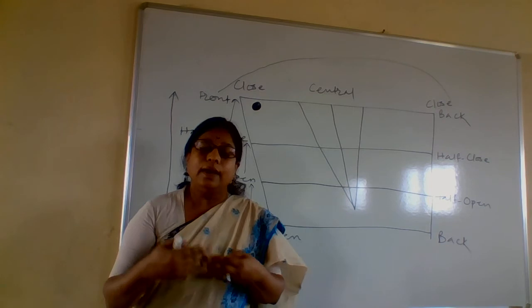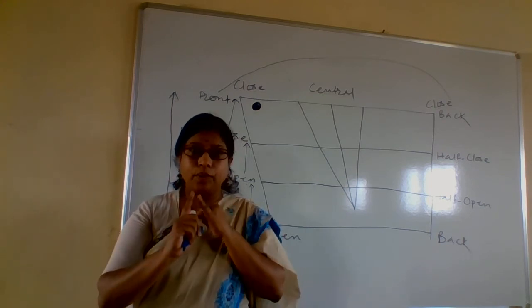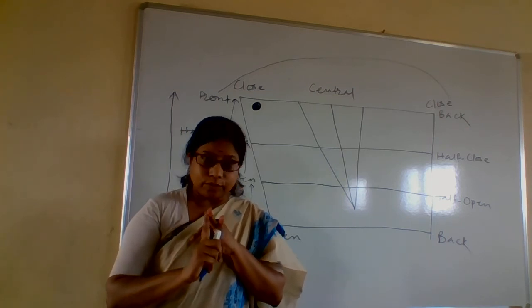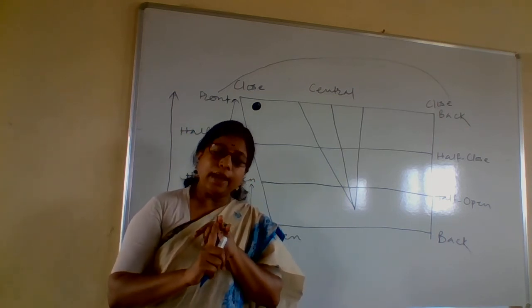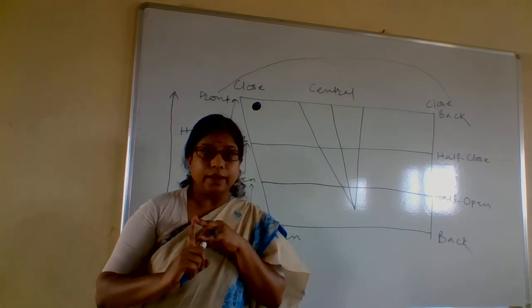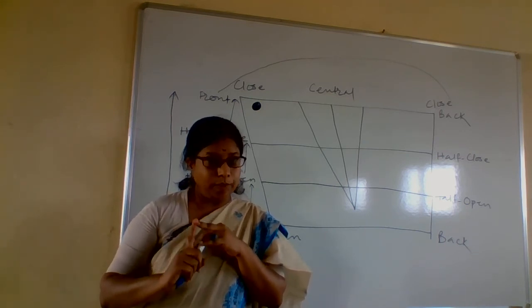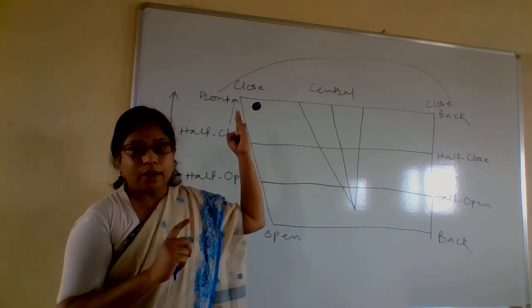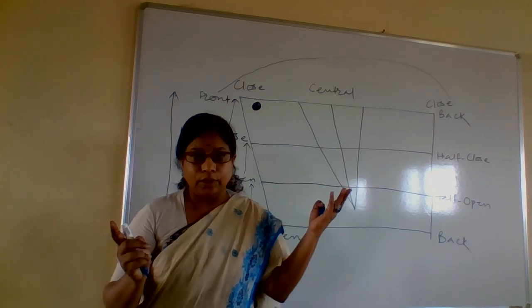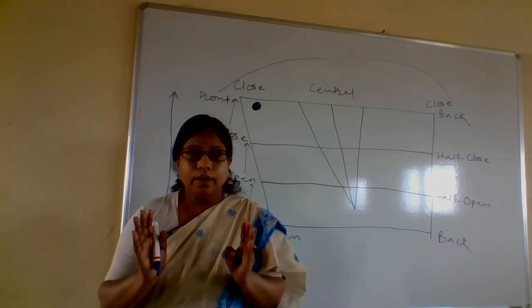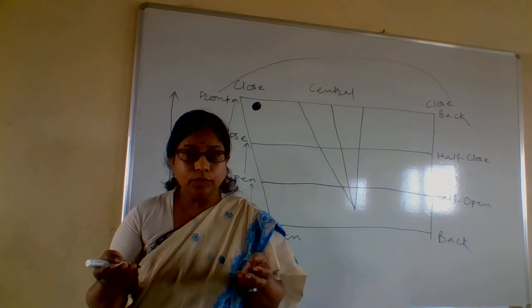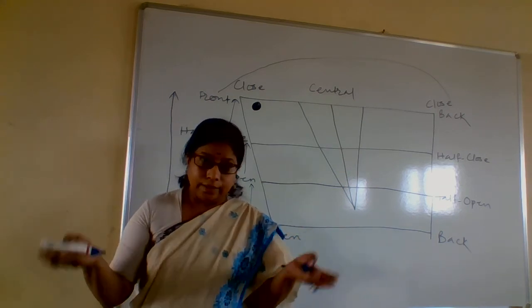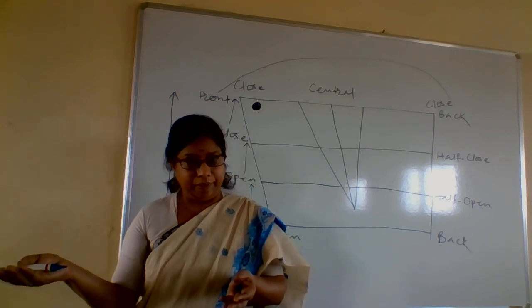And since there are three terms depending upon number 1, position of the lips, number 2, which part of the tongue is raised, front, central or back, and number 3, how high the tongue is raised, that is whether it is in the open position, half open position, half closed position and closed position. Depending upon that, the third label is given. So this is how we do naming of the vowels. We allot them different names, different labels, and that is known as the three-term labels.